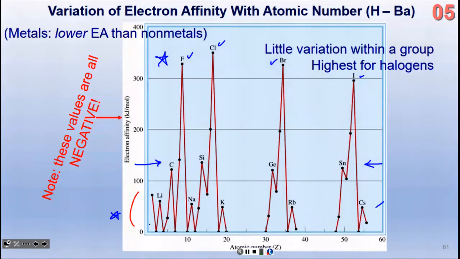Group 1A elements are the least likely of the ones shown highlighted here. They're not likely at all to pick up electrons, but you could measure it, it's just not very favorable. So very little variation within the group, but the metals are always lower than the nonmetals. That concludes my extra information for you about electron affinities.